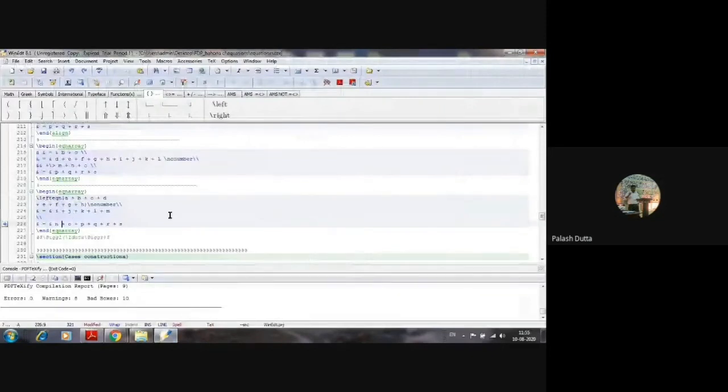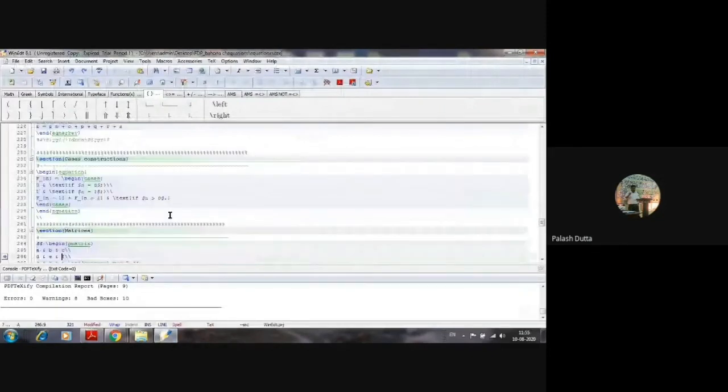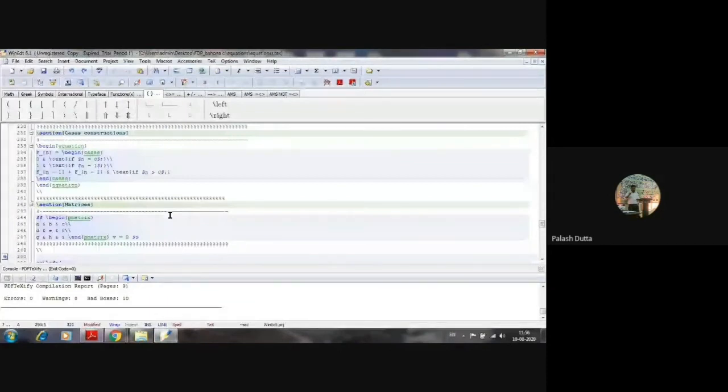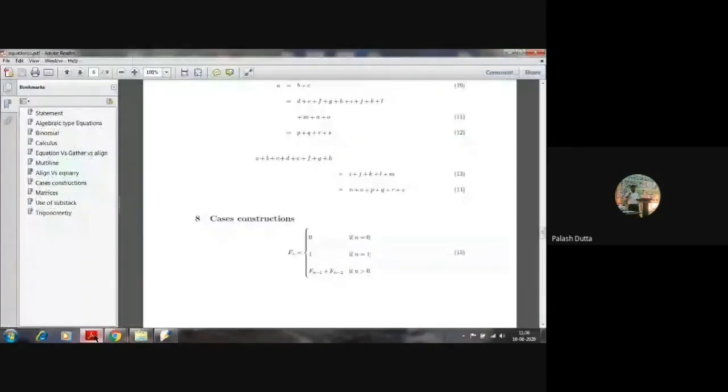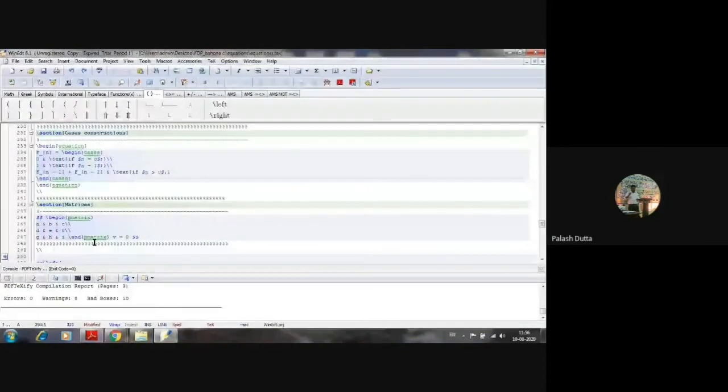Now come some cases. What is cases? Cases means if we need to write an expression using a bracket, right? Suppose f n equal to this much. To obtain this bracket, we use cases, begin cases, end cases, right? In between begin and end, we write these expressions. Here, begin equation, end equation.